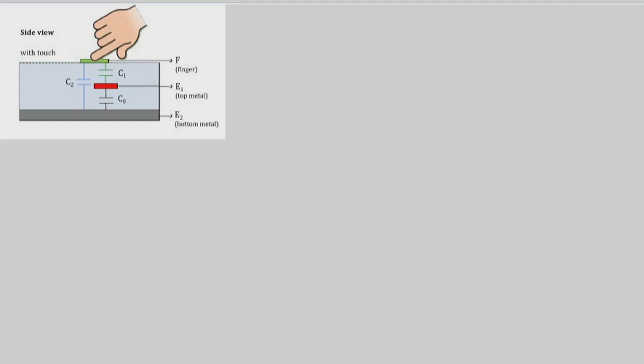So when there is no touch, and remember I named this G, the circuit that we have is a capacitor C0 sitting between the two leads that came from the manufacturer, E and G.